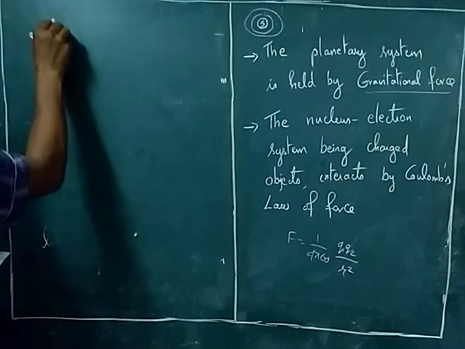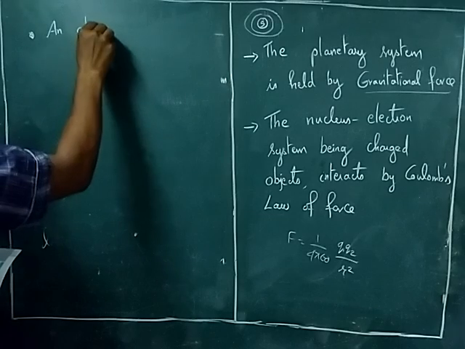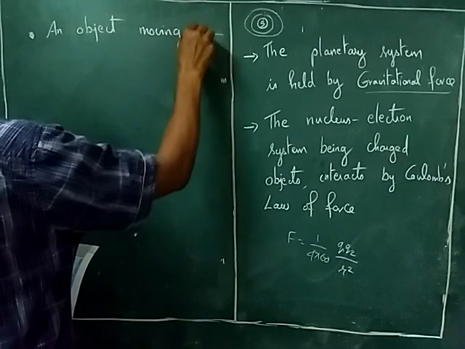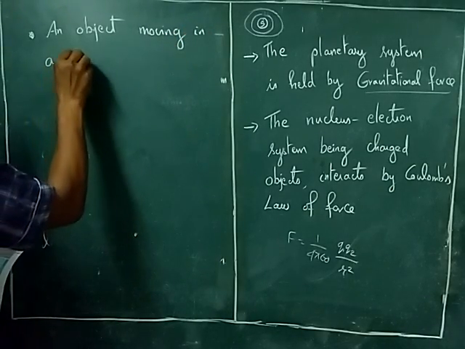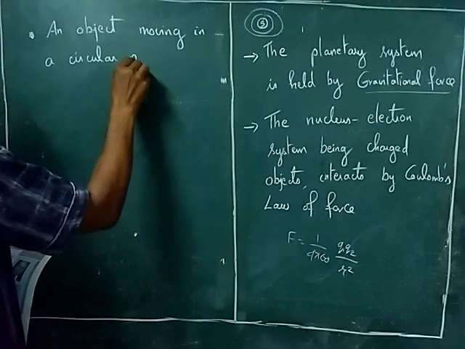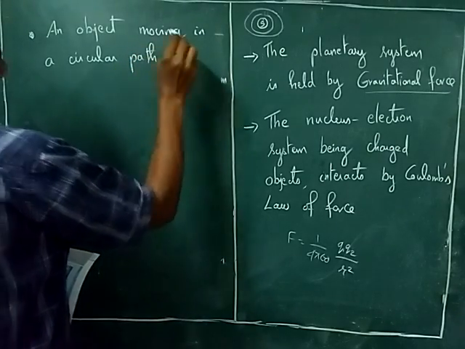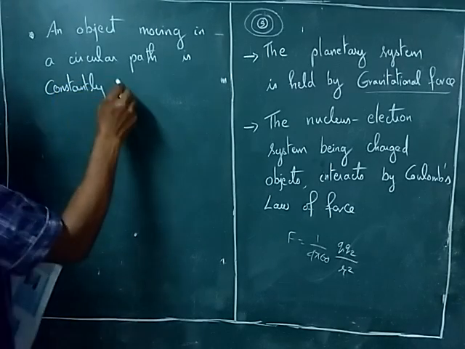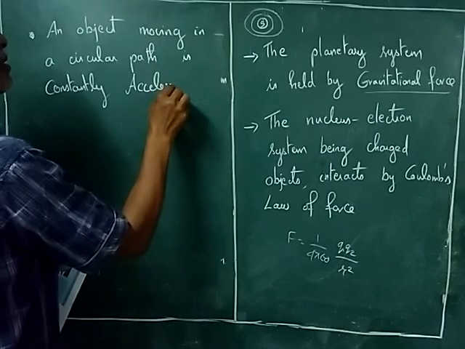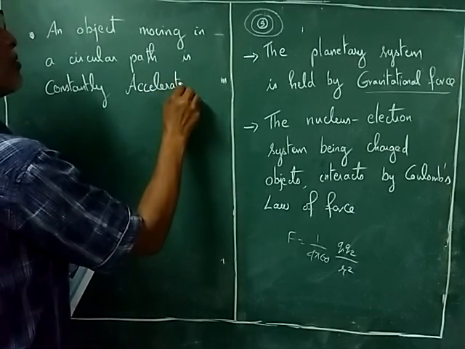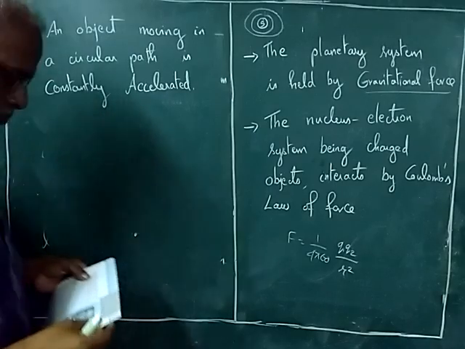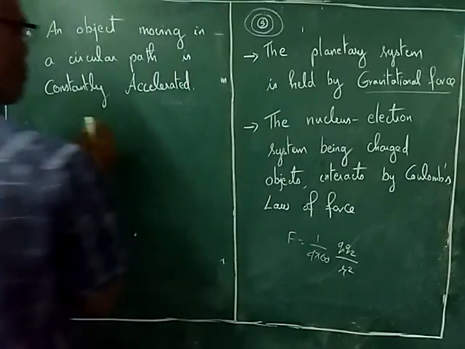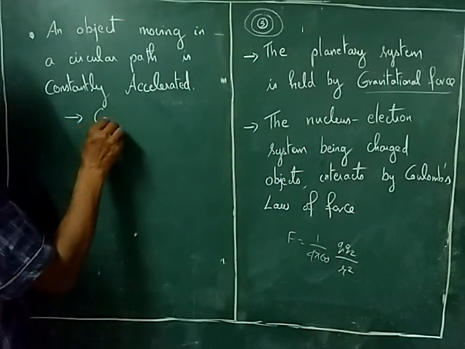So an object moving in a circular path is constantly accelerated, the acceleration being centripetal in nature.